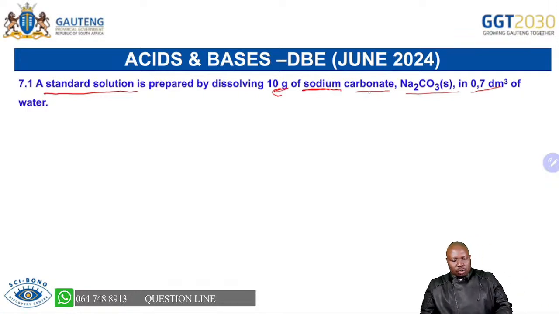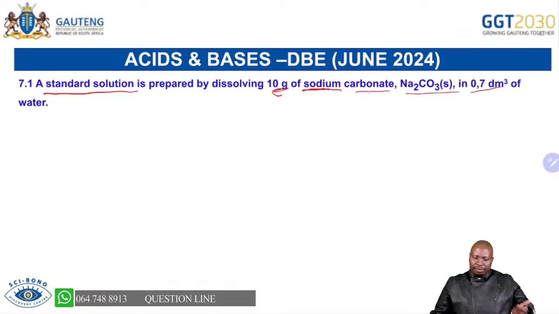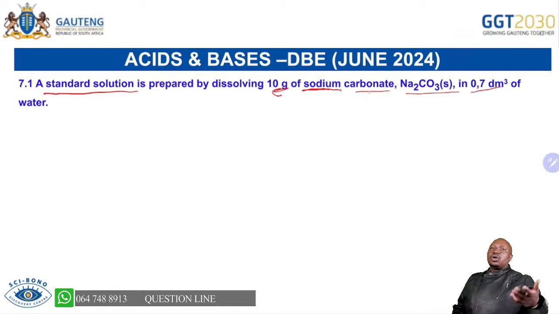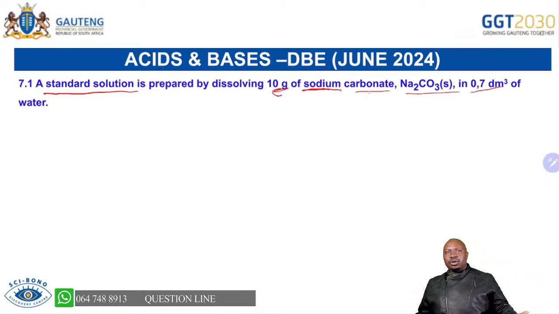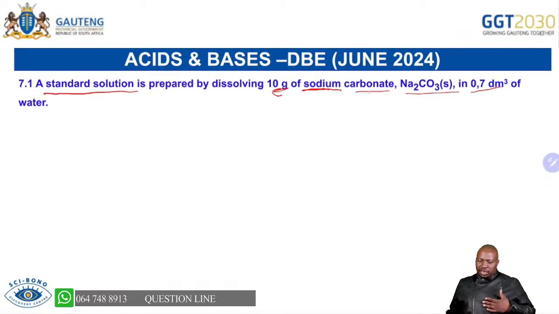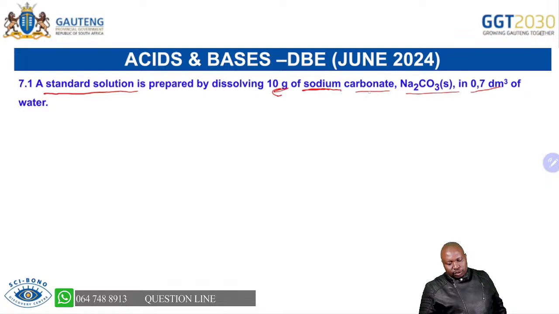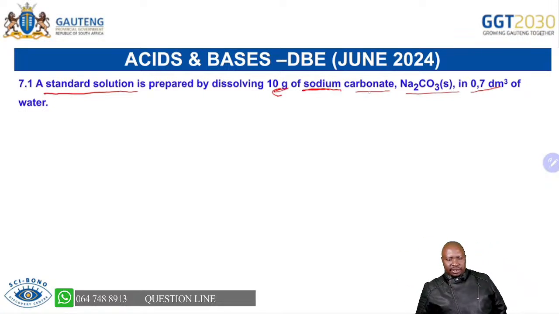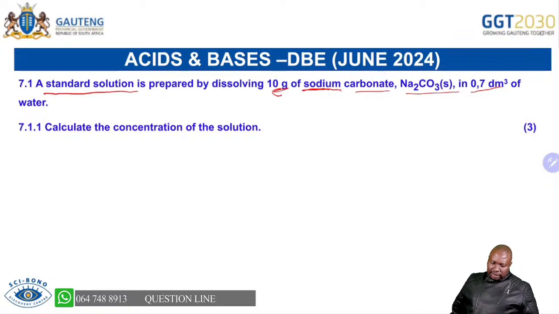So you are able to look where the salt is coming from and whether it will be acidic. Sometimes you'll be asked whether its pH will be greater than 7, less than 7, or equal to 7. This one definitely will be greater than 7 because it's a salt of a strong base and a weak acid.